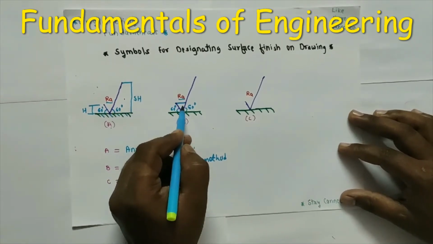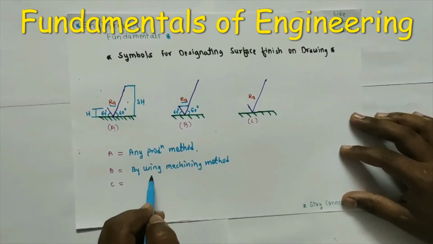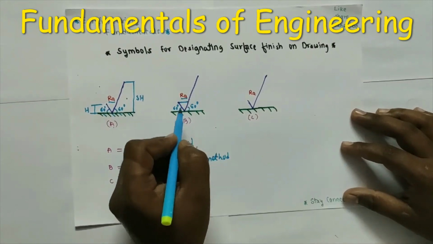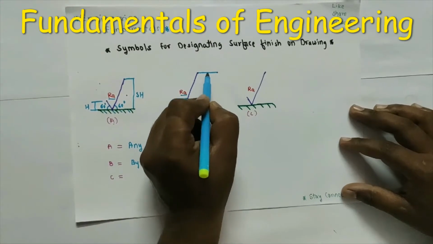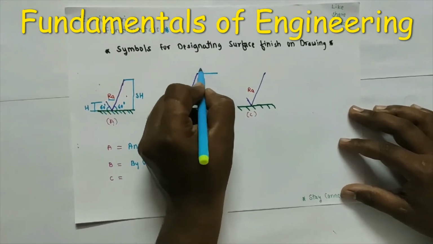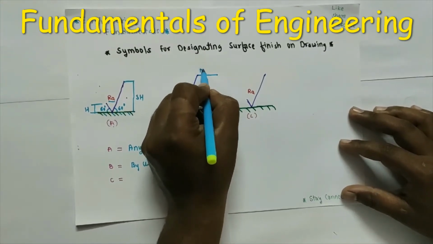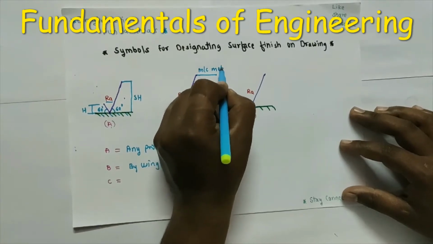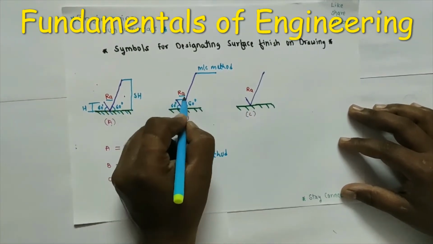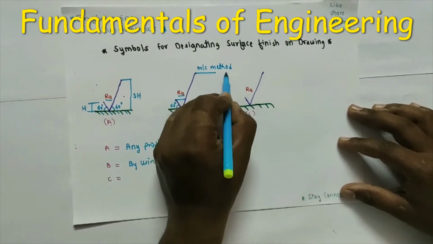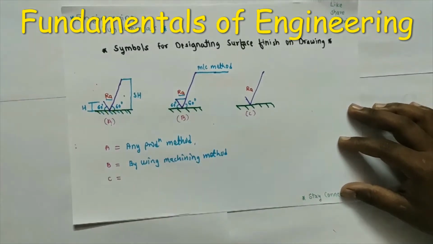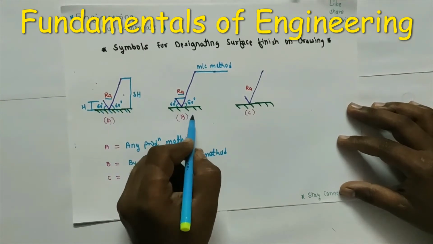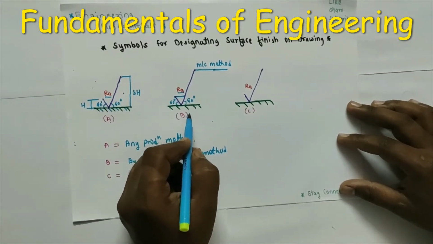The large line is extended horizontally, and on this horizontal line we write the name of the machining method by which the Ra value is obtained. In this way we can mention the symbol of a surface finish.